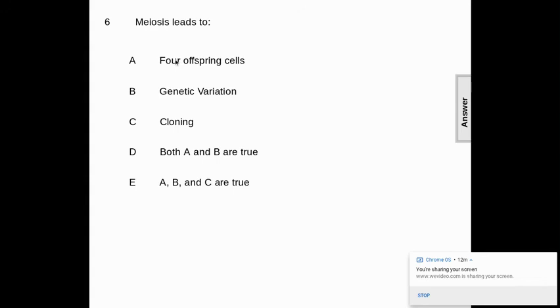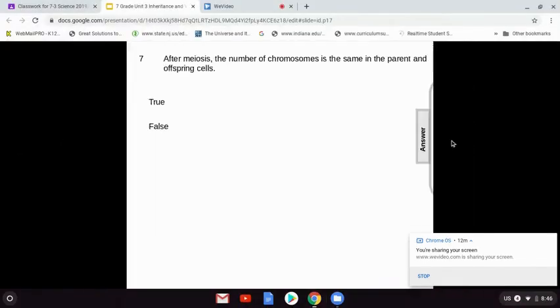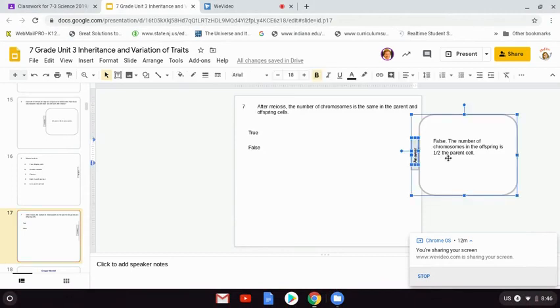Meiosis leads to 4 offspring cells because it's 2 sets of divisions, and it will eventually lead to genetic variation. 7. After meiosis, the number of chromosomes is the same in the parent and offspring cell. And that is false. Remember, it's going to be half.